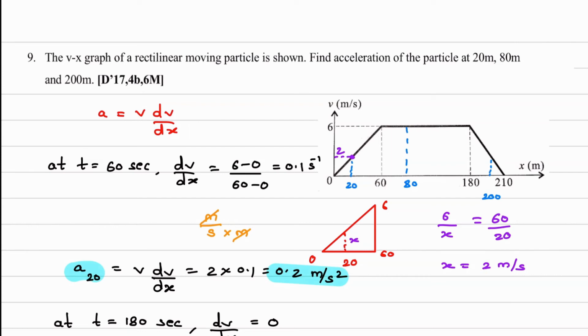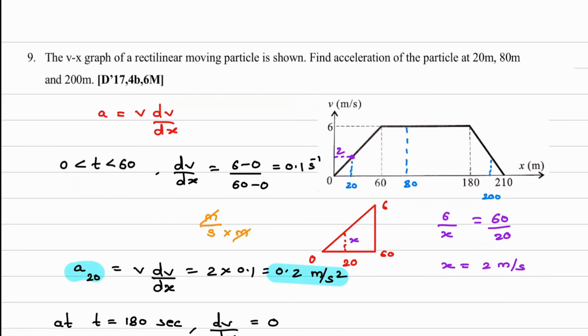So here this part of the slope, it was 0 to 60. When t is between 0 to 60, we have calculated the slope. So instead of writing at t equal to 60, we will write when t is in between 0 and 60.